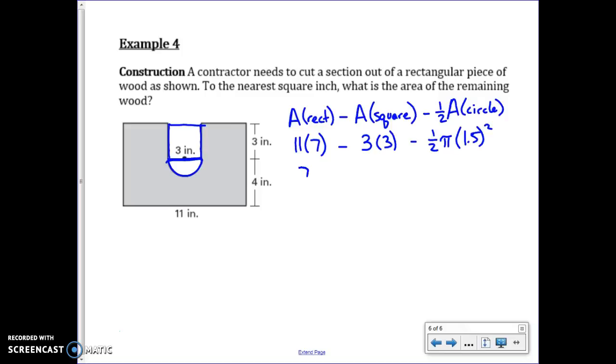So I have 77 minus 9 minus 1.5 squared times 1/2 times pi, and we get about 3.5. So now I can do 77 minus 9 minus 3.5, and I get about 64.5. And since we're talking area, we have inches squared.